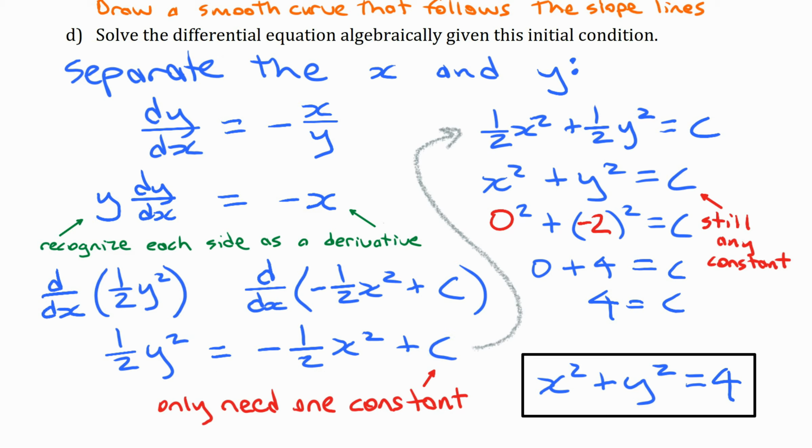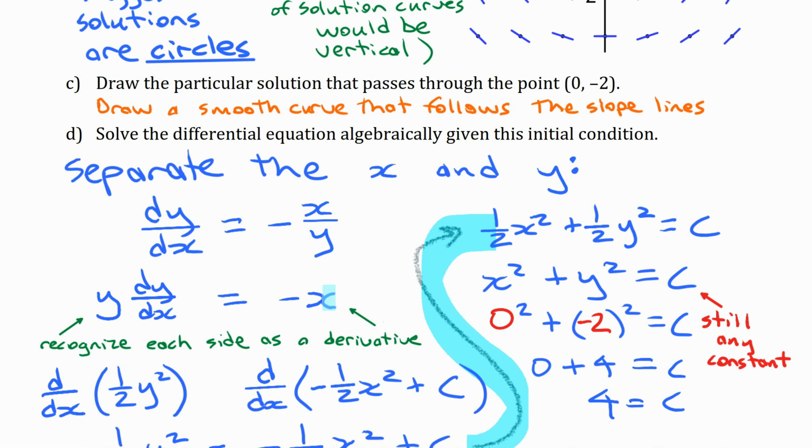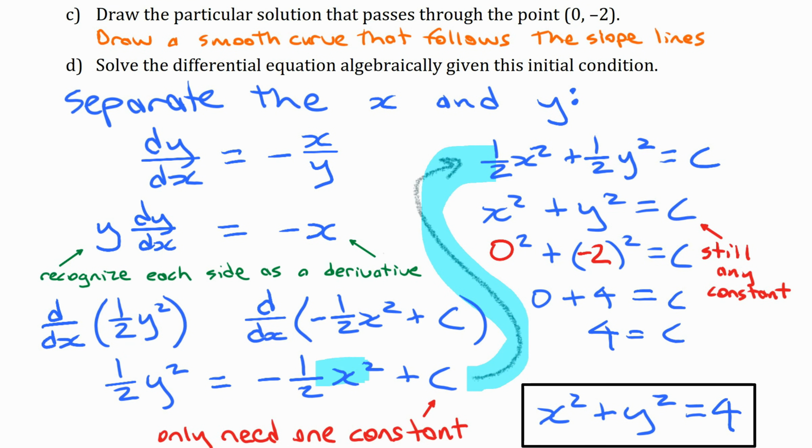Now, I took it up here to work with this to find the particular solution that we had here with 0, -2. I moved this negative a half x squared over to the other side, so we've got half x squared plus half y squared as a constant. What I did next is I multiplied everything by 2 to get rid of those halves, so I just have x squared plus y squared.